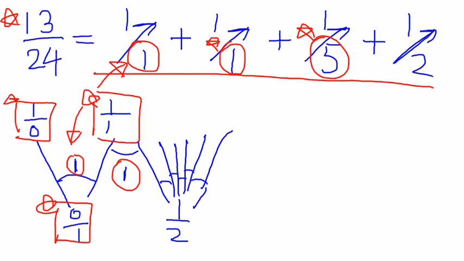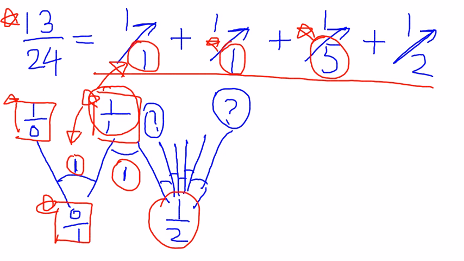And how to get this number? Let's get this number first. To get this number, you just have to add this fraction and this fraction, just like the previous example, so you do this kind of addition. You get 2 over 3 here, for the number right here.